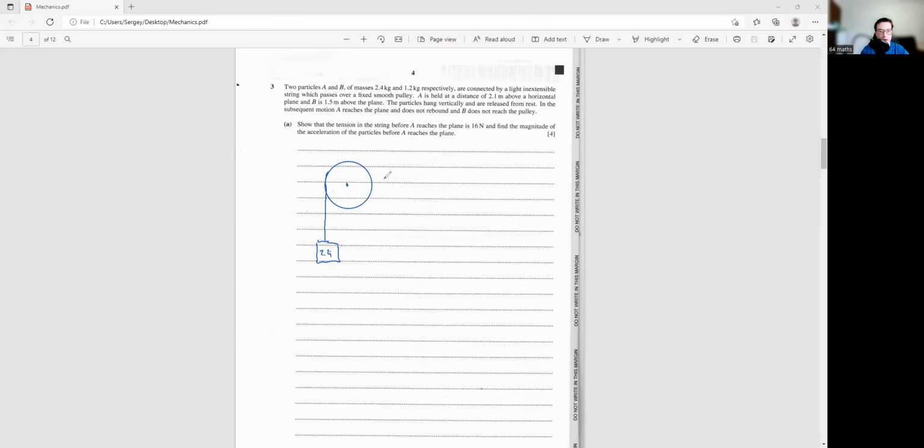And we also have 1.2. Okay, so question A, we have to find the tension in the string, and we have to find the magnitude of the acceleration.